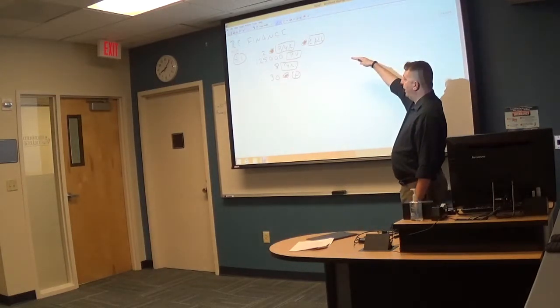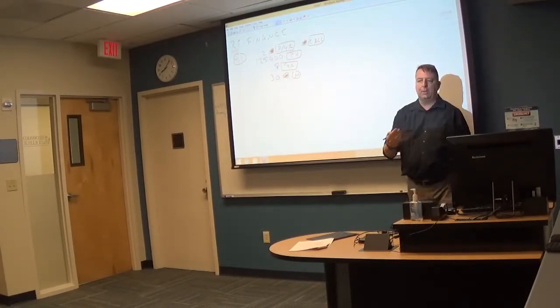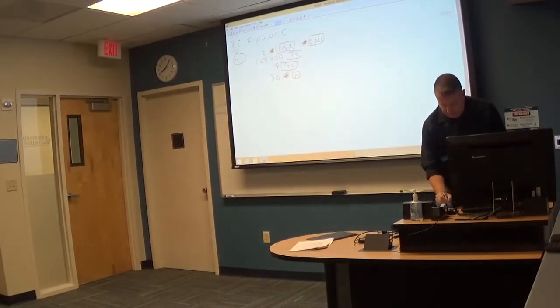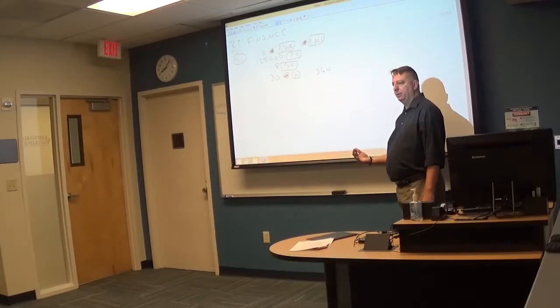So once again, we've got our loan amount, our interest rate, and our term, and whenever you put in the 30 shift in, what's going to pop up in your display is 360, meaning 360 months, okay?